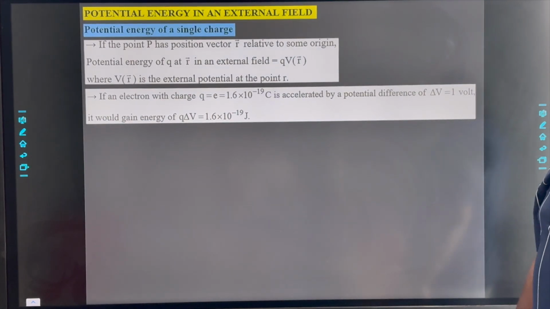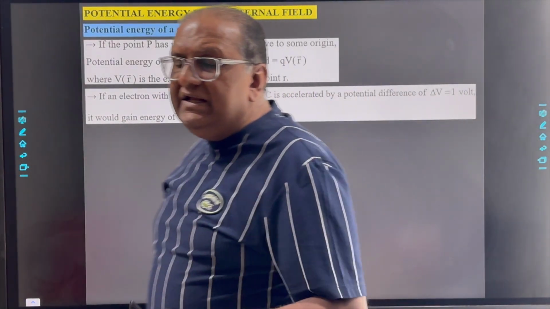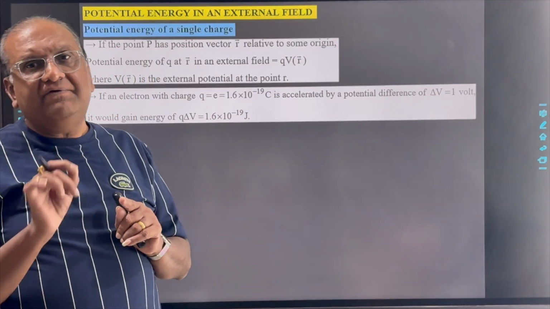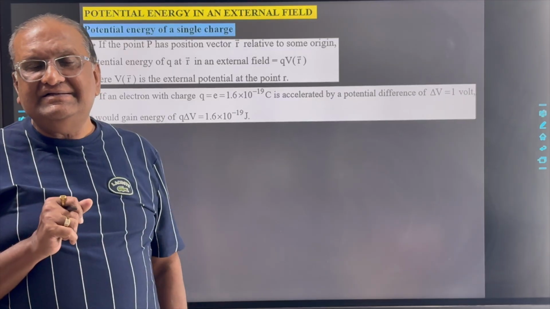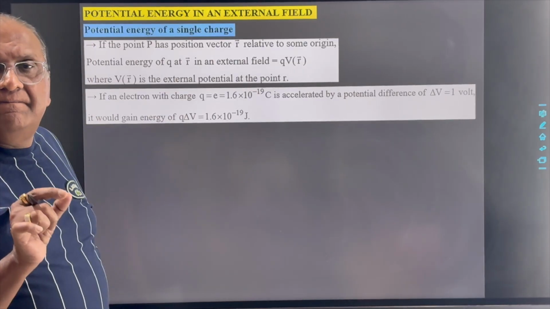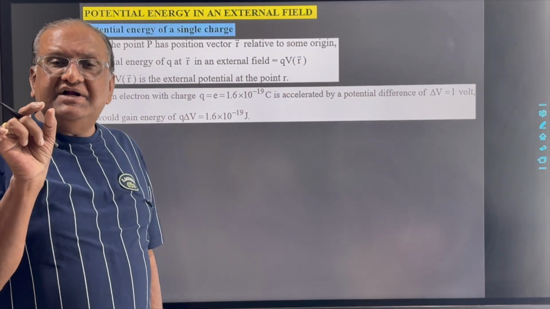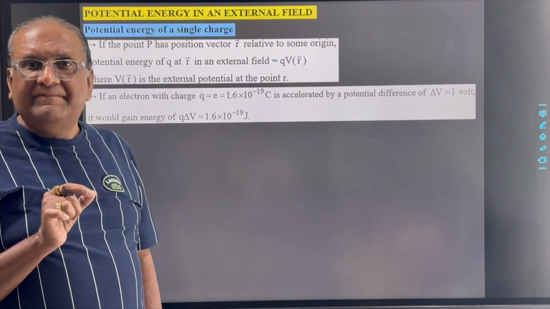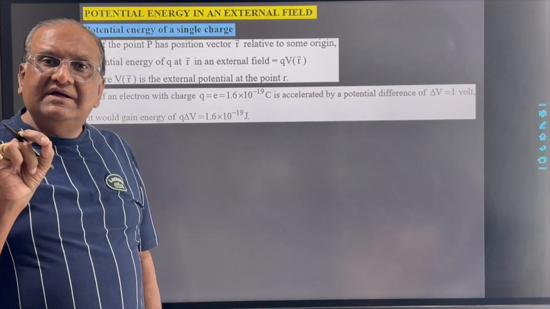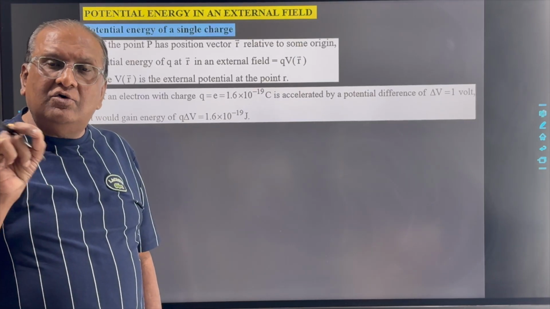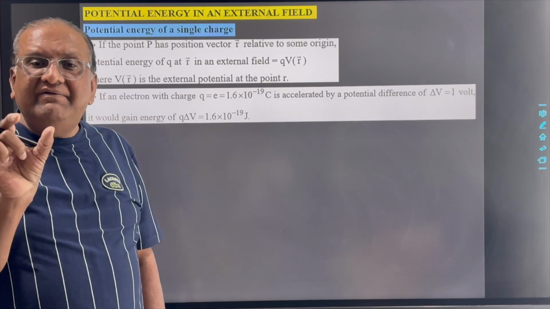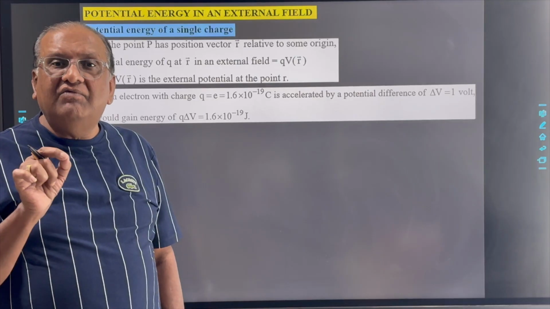So here, suppose we take charge Q equal to e, that is the charge of an electron. If an electron e is placed at any point in the electric field, then we can say its potential energy is e into V. Now if we take the potential difference between 2 points, then the total work done, which is the energy stored in the electron to move it from point 1 to point 2 having potential difference equal to 1 volt.